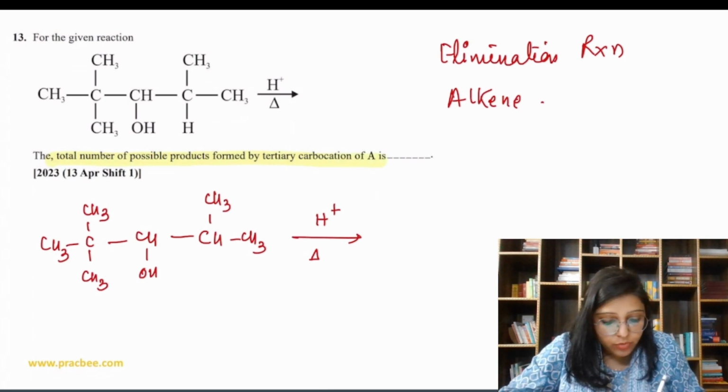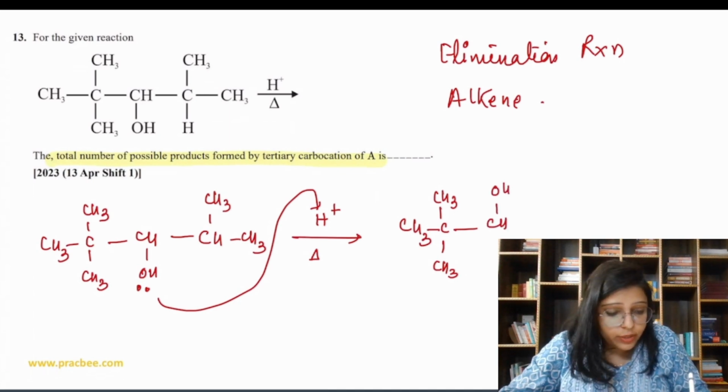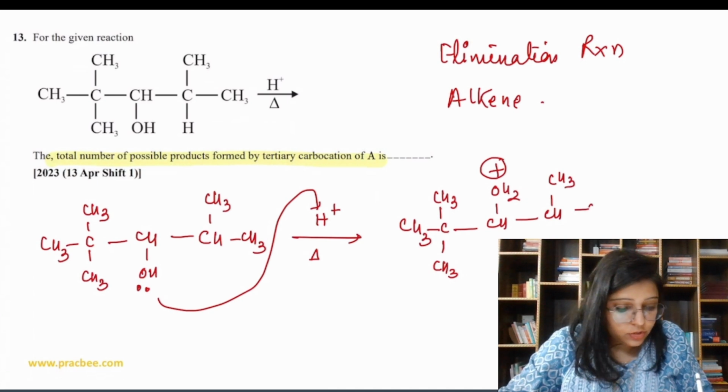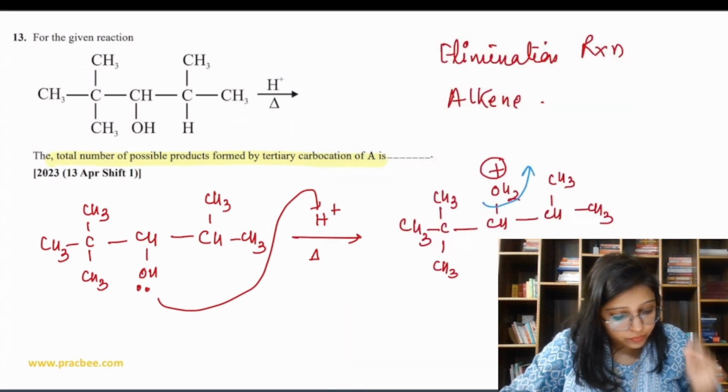So H plus is there, so first the oxygen lone pair attacks on this H plus. So we get CH3, C, CH3, then CH3, CHOH2 positive, then CH, CH3 and CH3. Then what we are going to do? Just remove water.